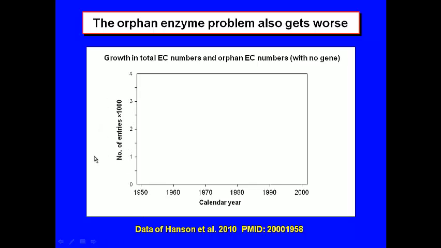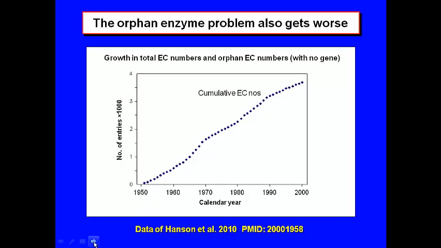Because if you plot the growth in total EC numbers, in other words, the total enzyme commission enzymes that have been classified in that system, and the growth in ones that haven't got an identity, that's the cumulative EC numbers since the project was started in the early 50s, and it's, comfortingly, basically a straight line. It says biochemistry isn't dead. We're still discovering things.